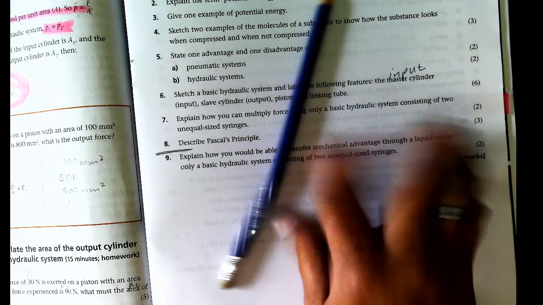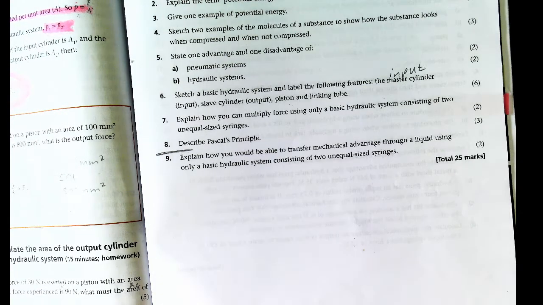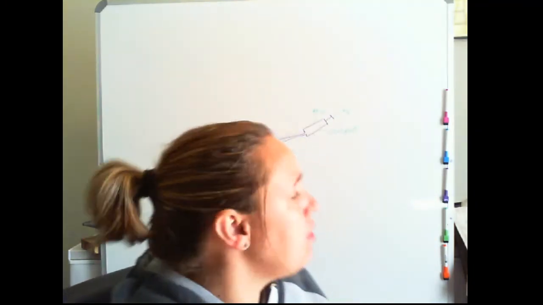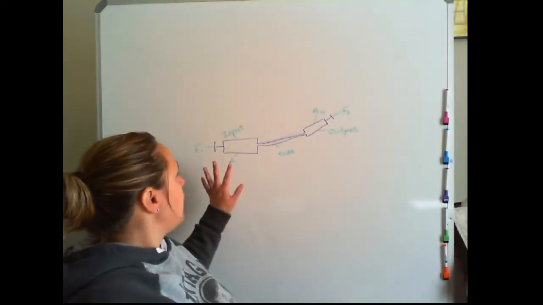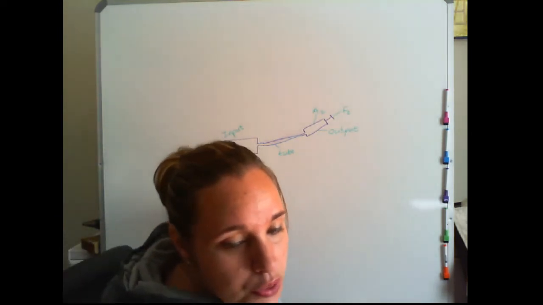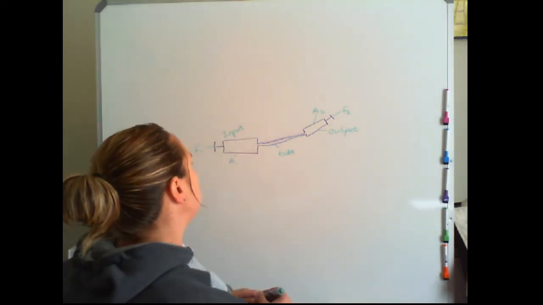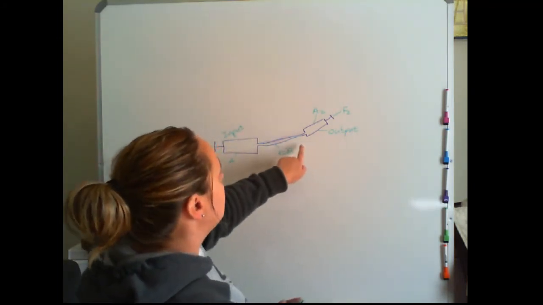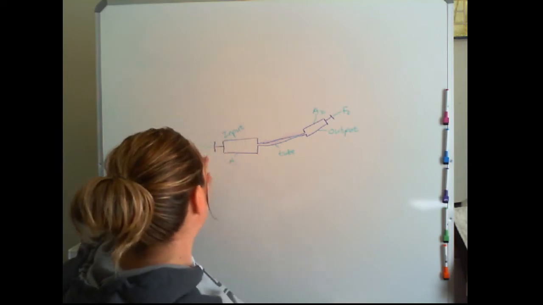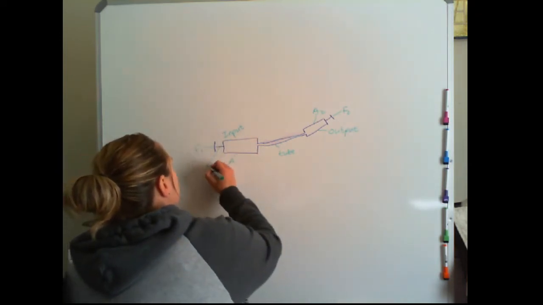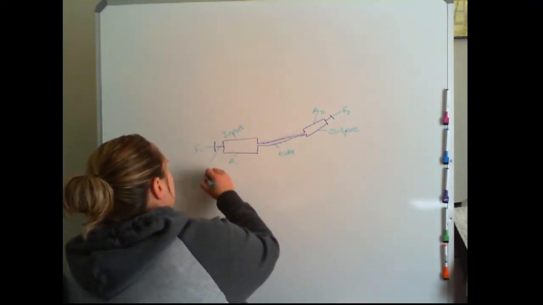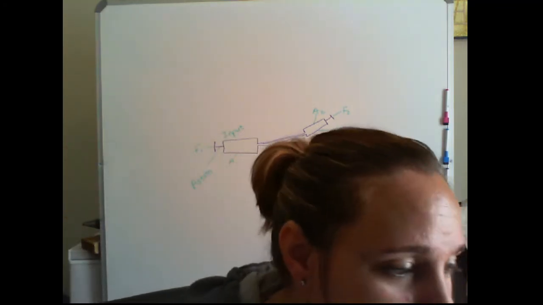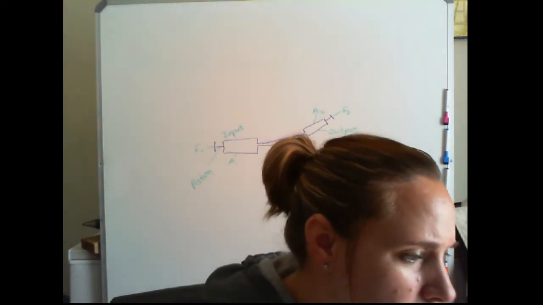If we quickly switch back to my webcam, here they just want you to say input, or master cylinder, output, linking tube, and then your piston. Once again a very, very simple system.